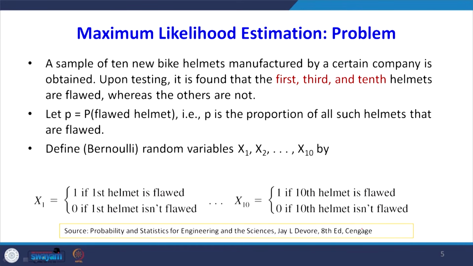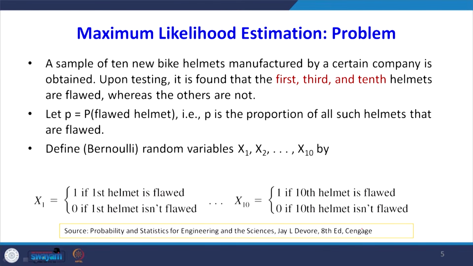Upon testing it is found that the first, third and 10th helmets are flawed, whereas the others are not. Let p be the probability of a flawed helmet, that is, p is the proportion of all such helmets that are flawed.